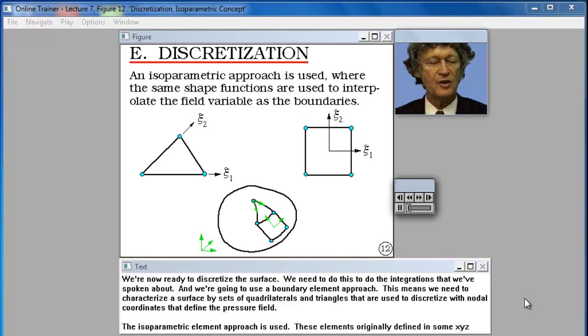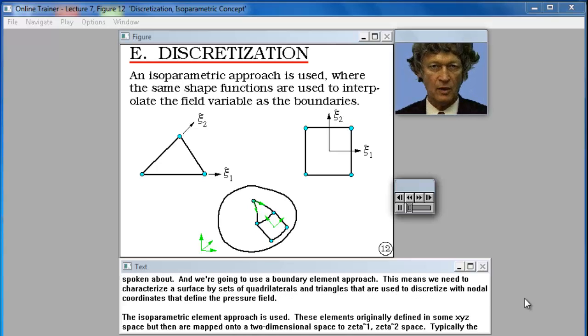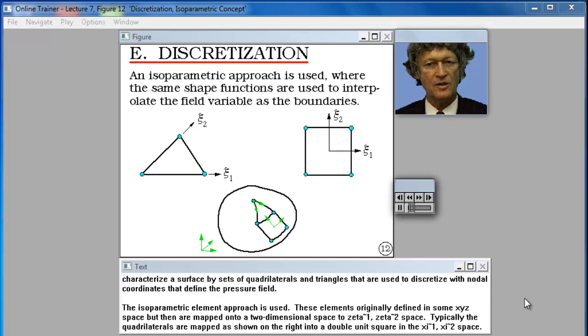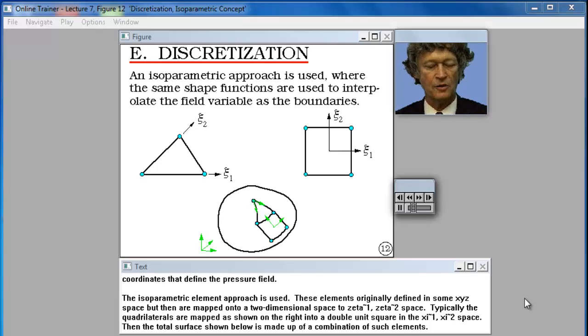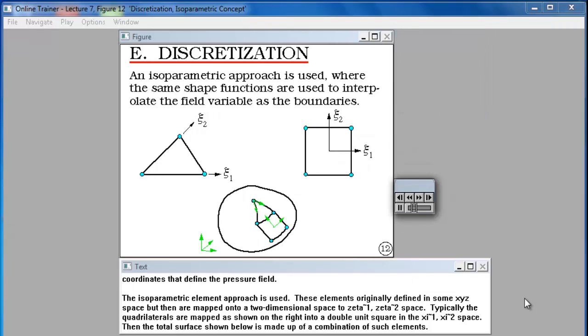We're now ready to discretize the surface. We need to do this to do the integrations that we've spoken about. And we're going to use a boundary element approach. This means we need to characterize a surface by sets of quadrilaterals and triangles that are used to discretize with nodal coordinates that define the pressure field. The isoparametric element approach is used.